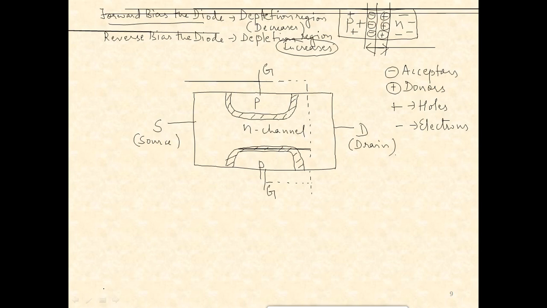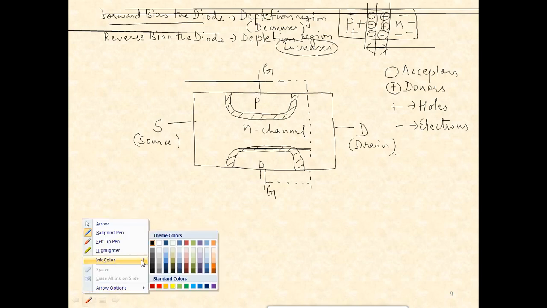Now the most important point is how to determine the characteristics. If you want to determine the characteristics, then we'll have to bias it. What do we mean by biasing? We'll have to apply external voltages. So what are the first assumptions being made?